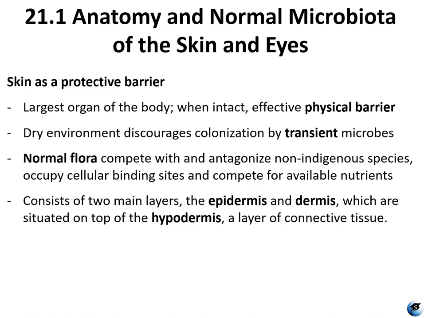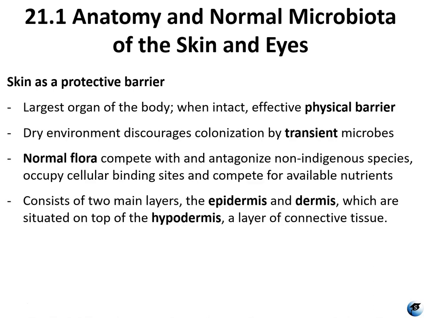Your skin limits infection and disease unless it has been burned or broken or cut or in some other way compromised. The surface of the skin is generally a dry and inhospitable environment. Your skin is covered with salt that is left behind as sweat evaporates, and sebum, an oily lipid that's secreted by your sweat glands.